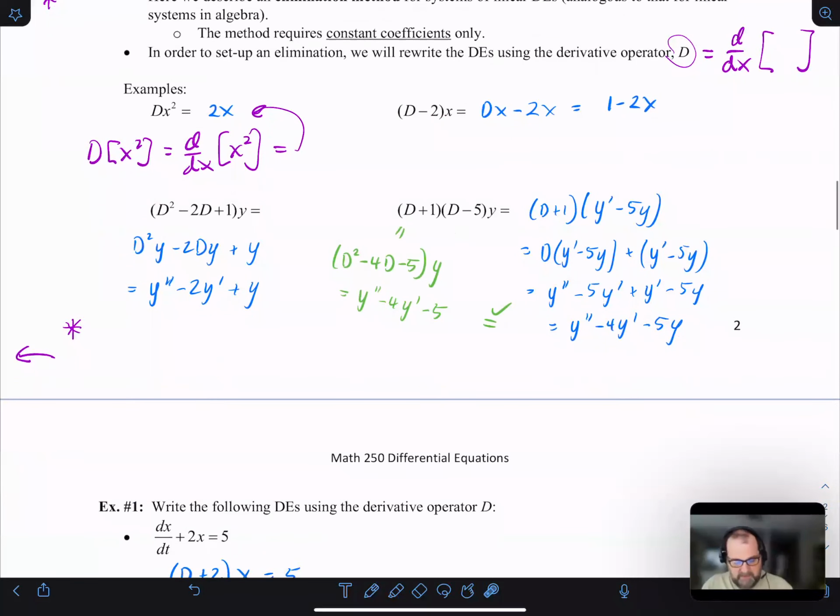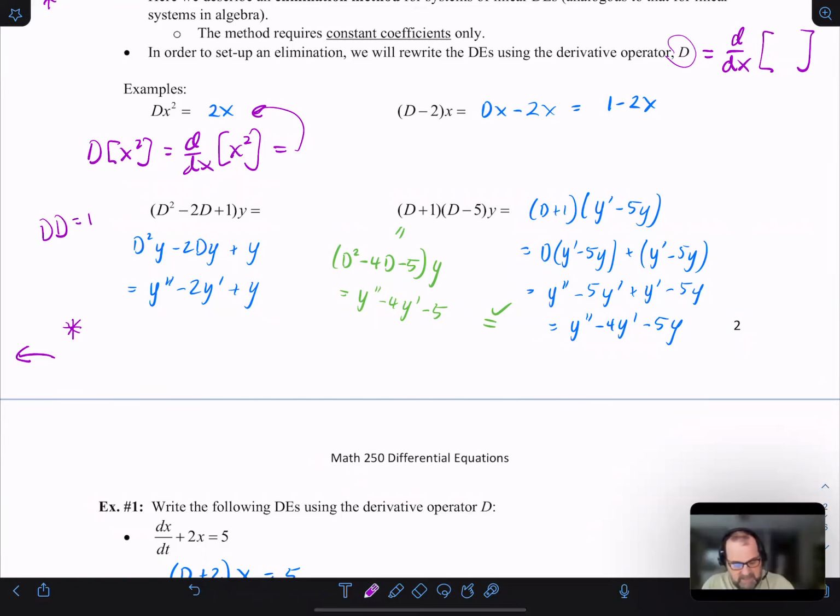Here is another one. What is this guy here? This is D squared minus 2D plus 1. And again, just distribute. This is D squared y minus 2Dy plus 1y. So D squared y says take the second derivative of y. You'll see this slowly.